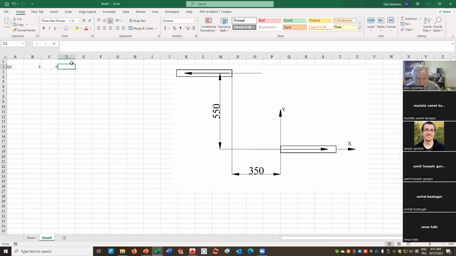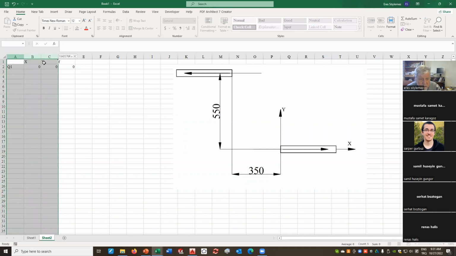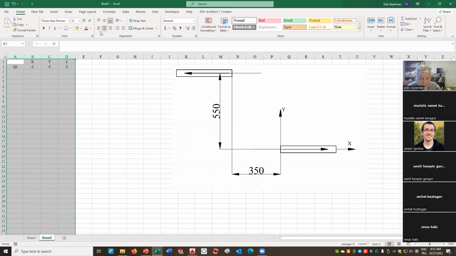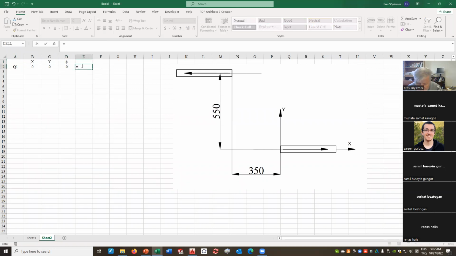Angle is 0. Y, phi. Let me make all of them center. Symbol. I will again change it to make it general. 0, 0, of course.